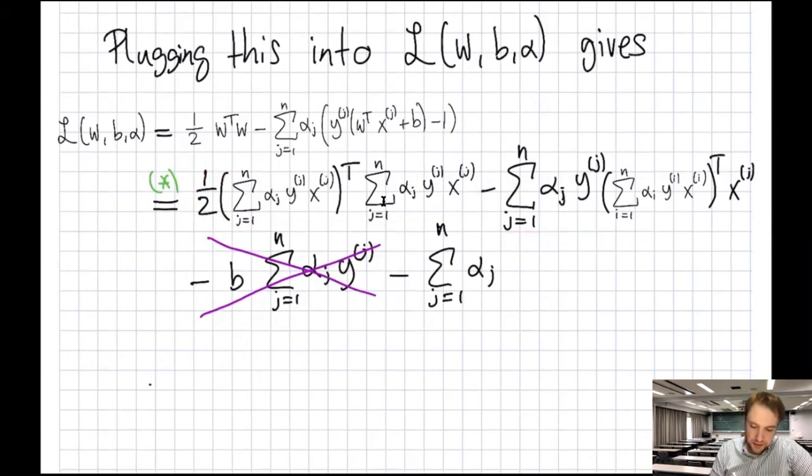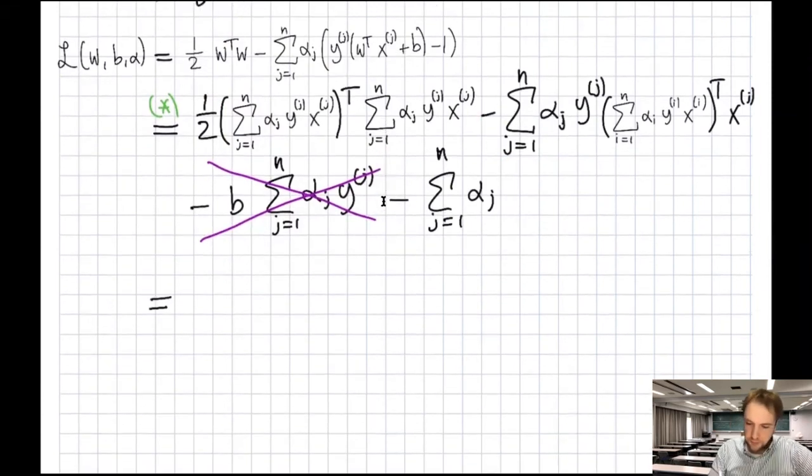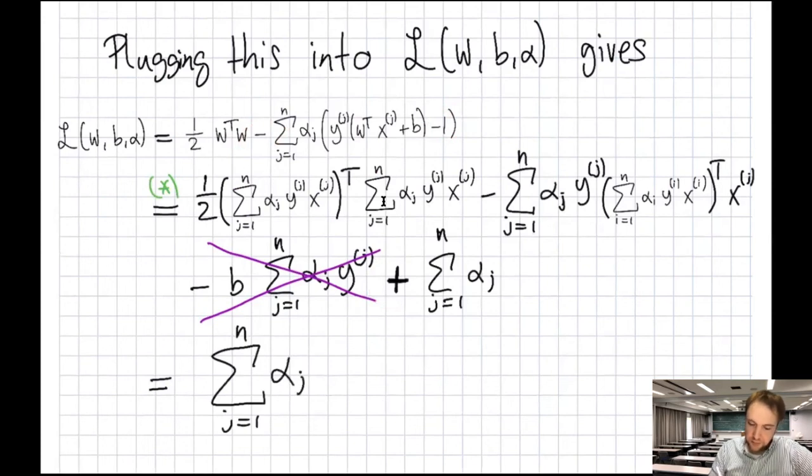So actually in the end, this will be, but I have a different sign here. Oh, sorry, so this here is a plus. This is a plus because it's a minus and minus. So the end result is we have the sum of the alphas minus 1/2 and then this sum here.